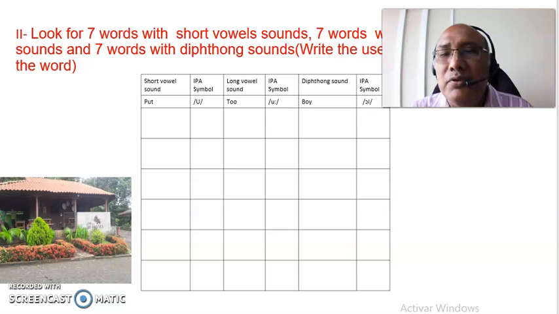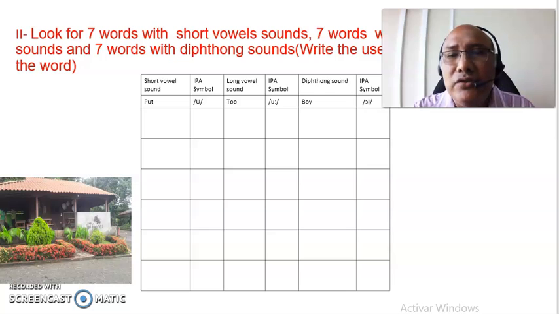And another example is for diphthong sound. In this case I use the word boy. So next to it I put the International Phonetic Alphabet symbol, which is right there written on the chart.